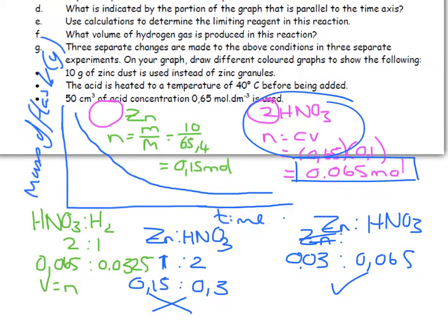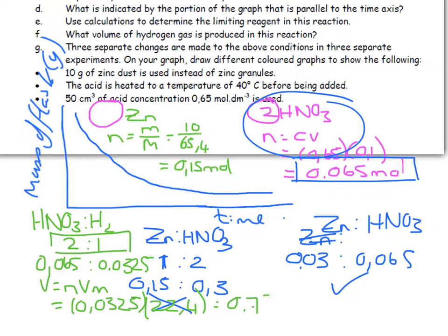Volume is equal to number of moles times molar volume. I've now got 0,0325. Remember, this was from the balancing numbers over here. Those were your balancing numbers in your original equation. Molar volume is 22,4, and therefore you land up with 0,728 decimeters cubed.